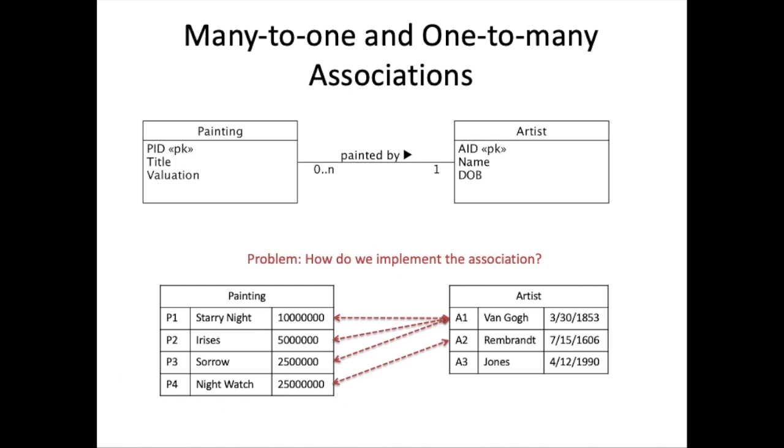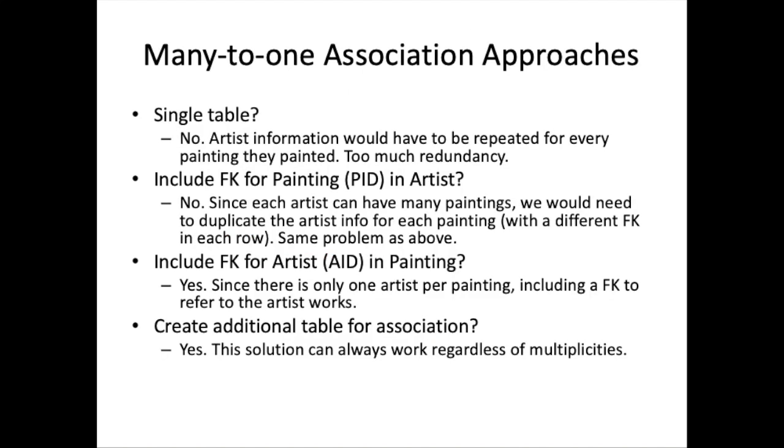Well, let's think about it. Can we just combine everything into a single table? And we can't, at least not in any reasonable way, because each artist can have multiple paintings.